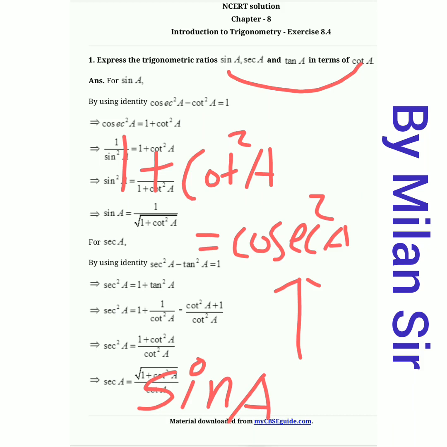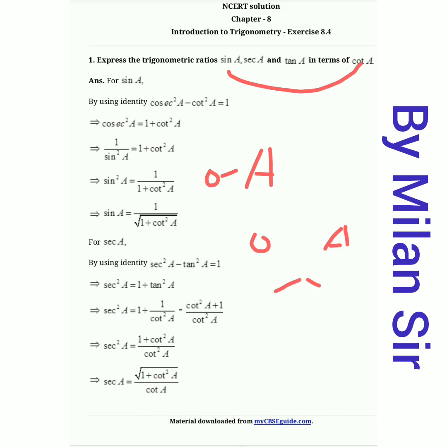So first of all we use that identity, 1 plus cot square A is equal to cosec square A.